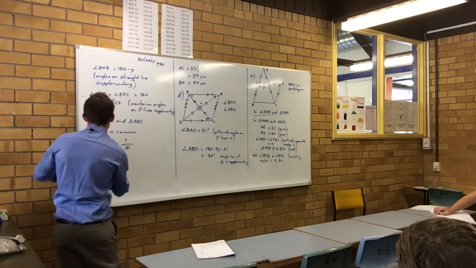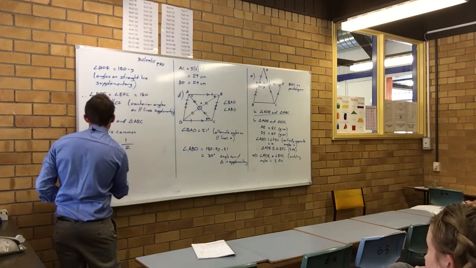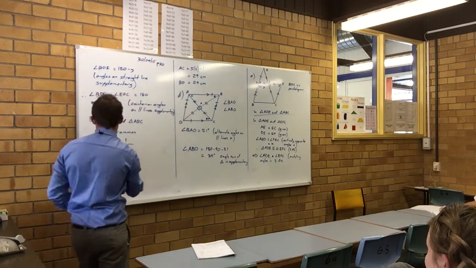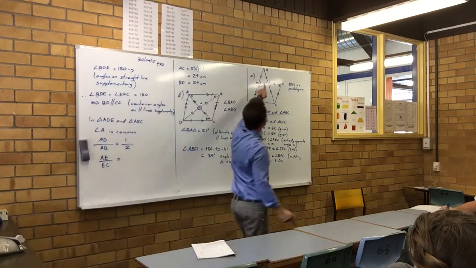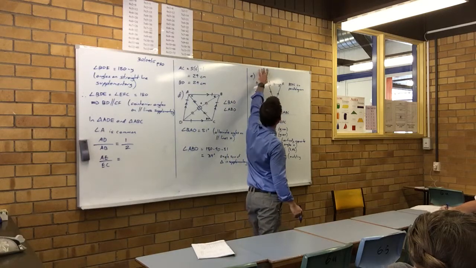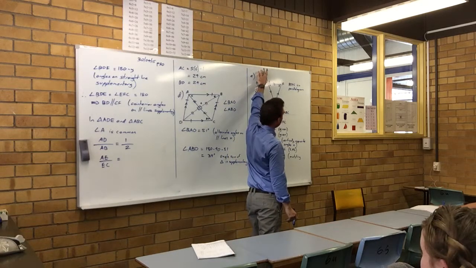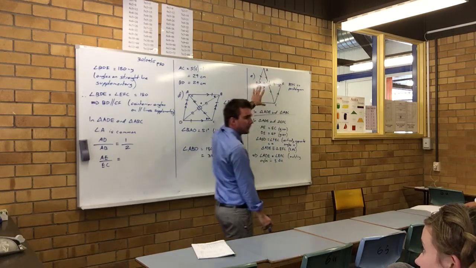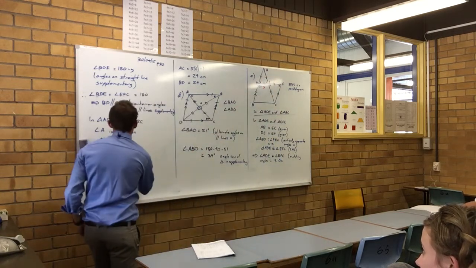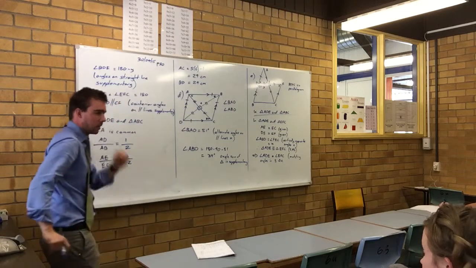And the other side, so AE over AC will also be in the same ratio because of the equal marking. Okay, that length, if we say it's 1 unit long, again, this is double the length when you add them together, because they're both the same distance. So the ratio is going to be 1 over 2.